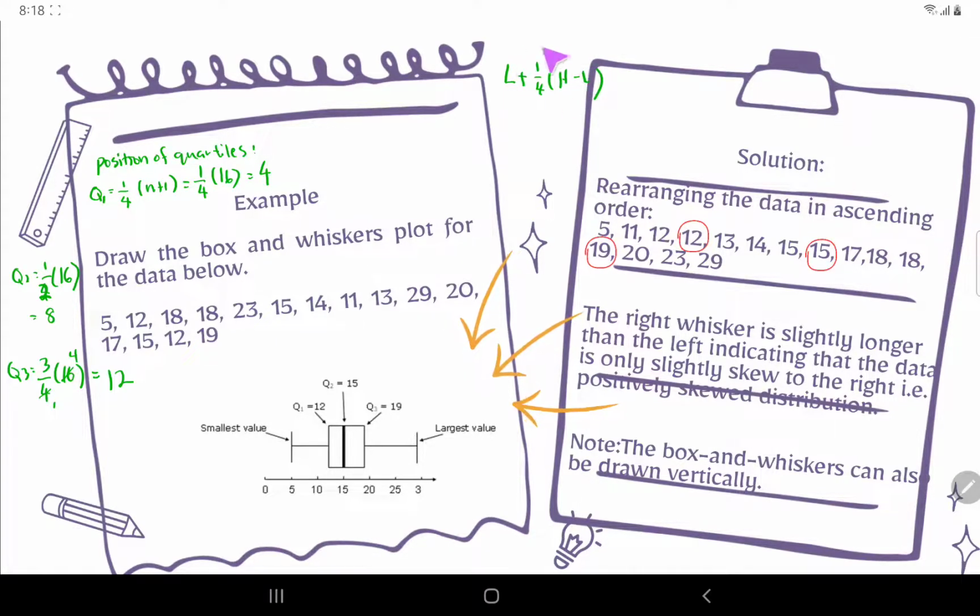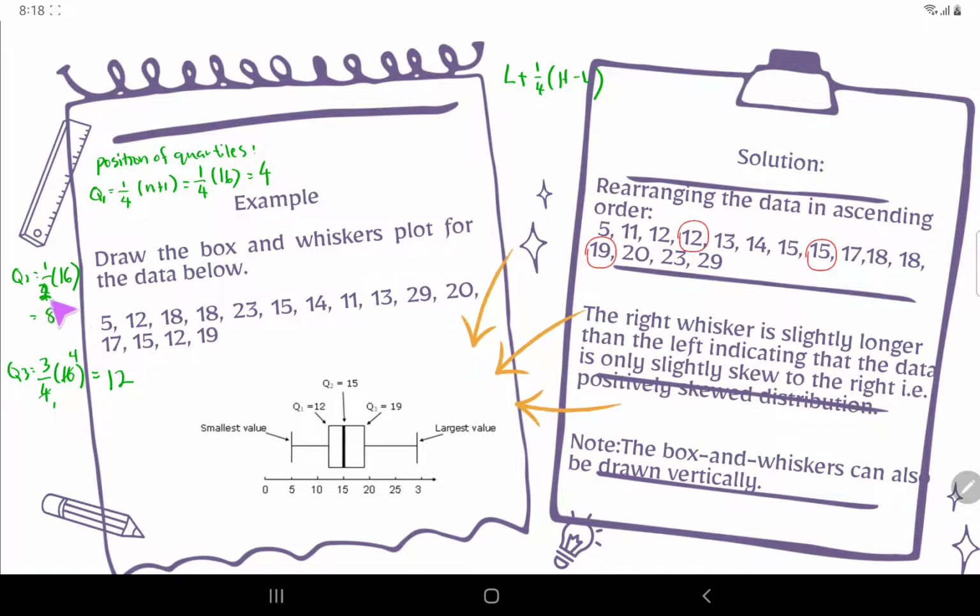Yang tu tak perlu. Sebab kita terus daripada position of quartile, kita terus dapat position yang keempat, position yang ke-8, position yang ke-12. Yang tadi kita kena masuk dalam formula ni sebab kita dapat position yang ke-2.5. Kita kena kira lah.